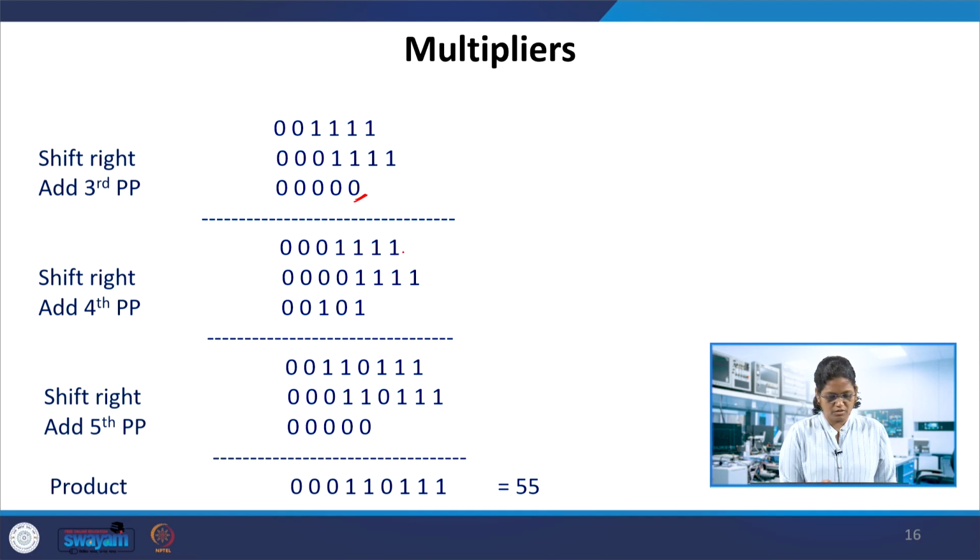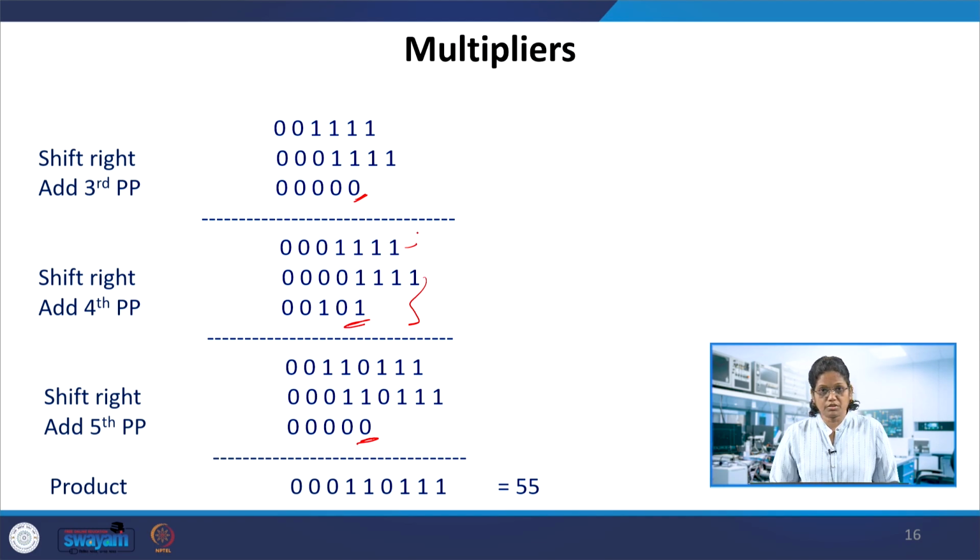The next summation is here, then shift right, then the fourth partial product is added to it and shifted right, and then the fifth partial product. Add this to the final partial product, and we get the product by adding it.